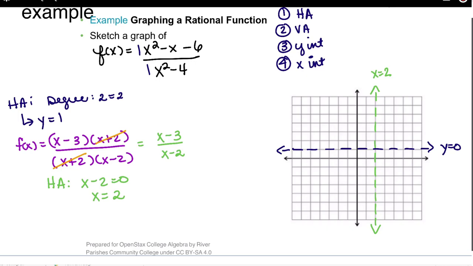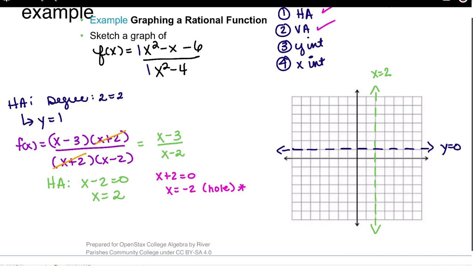So what does that mean about the x plus 2 factor that had canceled out? We can take the x plus 2 factor, set that equal to 0, and there's a removable discontinuity at x equals negative 2, so we will remember that there is a hole in the graph there. Check.